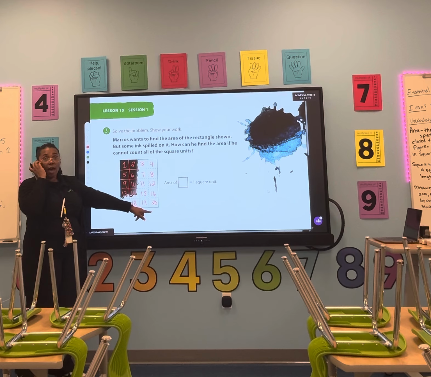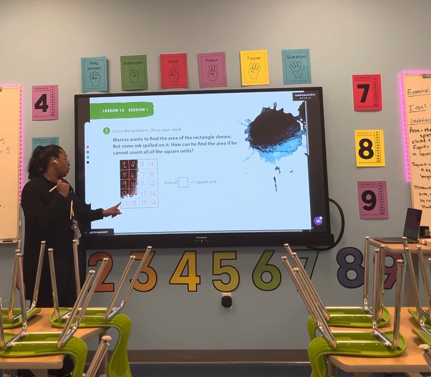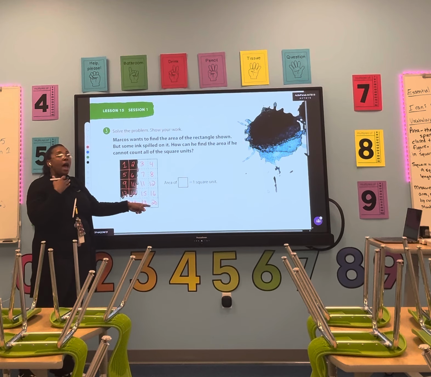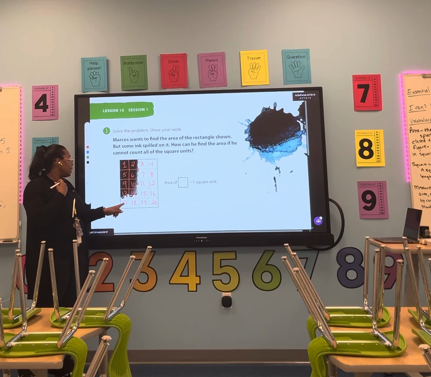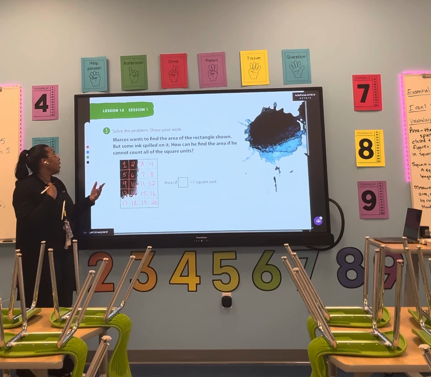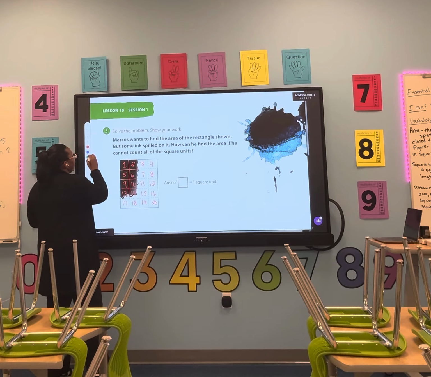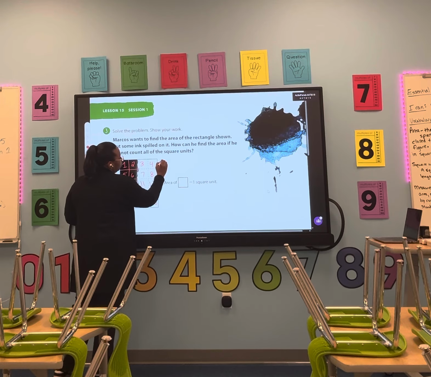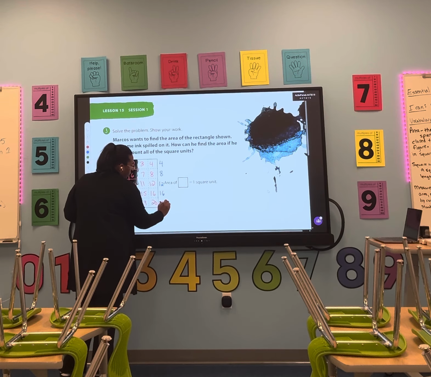If I have 5 rows, and then I count how many are in each row, there are 1, 2, 3, 4, I can do a skip count. So I can skip count by 4s because there are 4 in each row. So let's go ahead and do that. On the side, I'm going to put a skip count. So this will be 4, then 8, 12, 16, and 20.